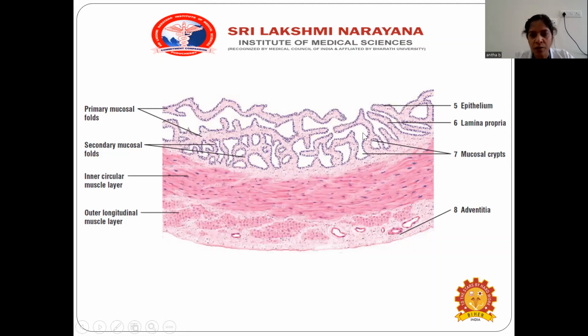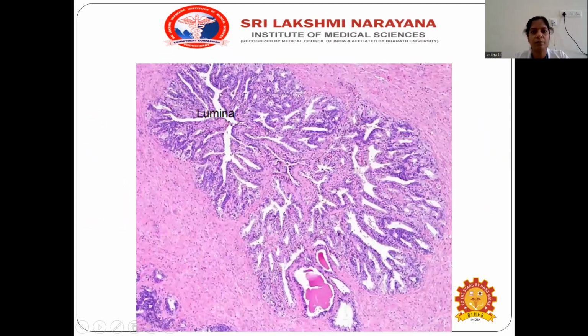In between the folds there are some gaps, which are named crypts, mucosal crypts. These folds form the crypts. Then we have the muscle layer, that is inner circular and outer longitudinal. The last one is the adventitia layer. It will contain some loose connective tissue, and blood vessels will be there. You can see here, this is the picture of the seminal vesicle.